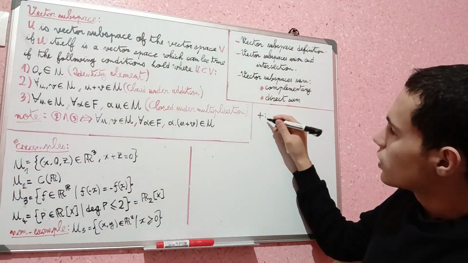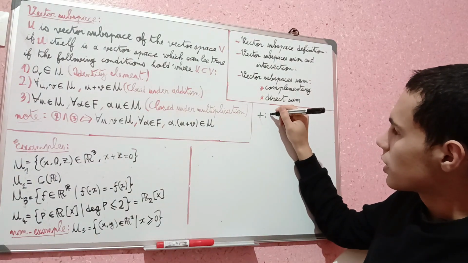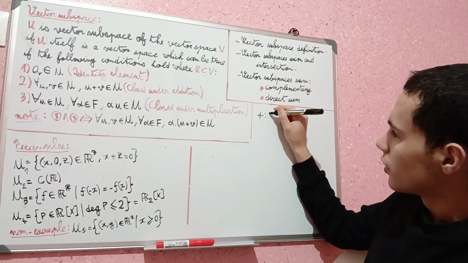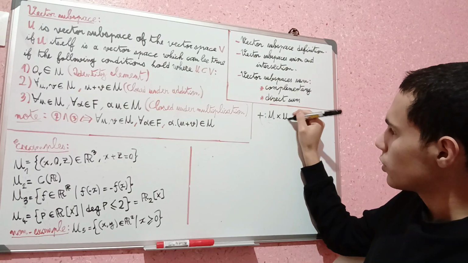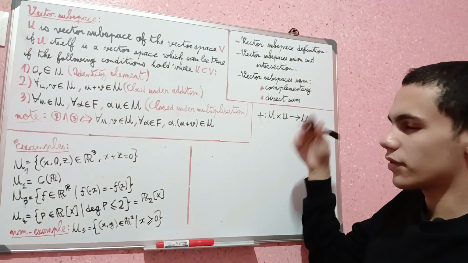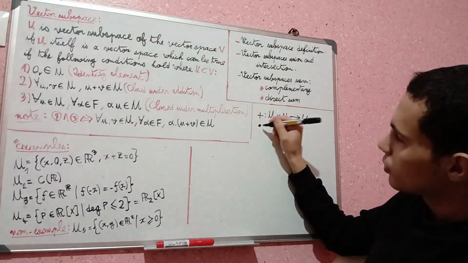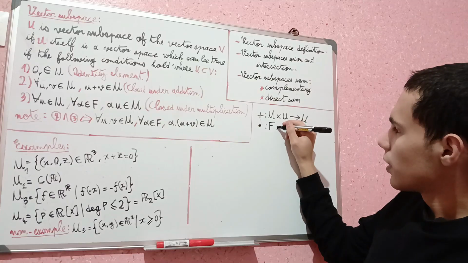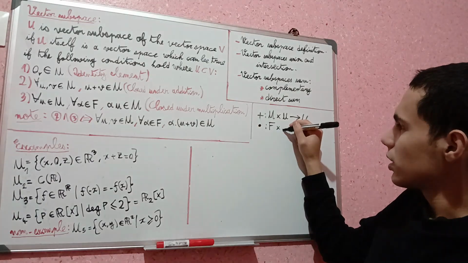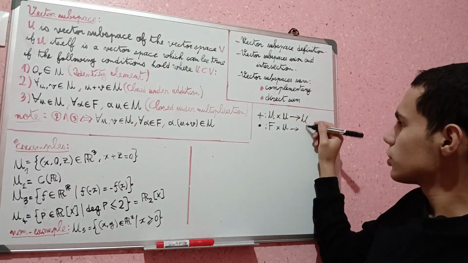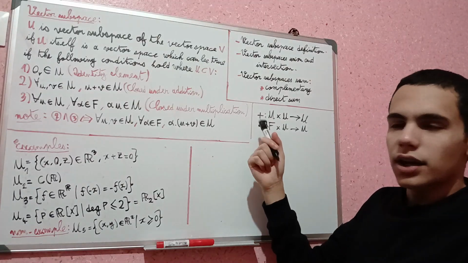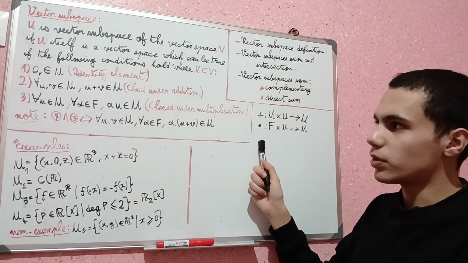We need first to define the addition that takes two vectors from U and gives you a vector from U. Also, multiplication takes a scalar from F, multiplies it by a vector from U and gives you a vector from U. So it's closed under addition and multiplication.